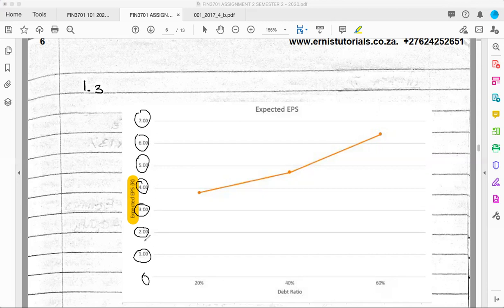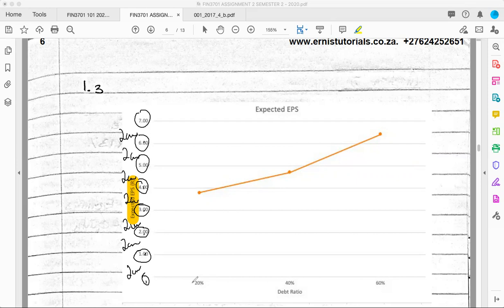You can even use a scale of 2 centimeters, whereby 2 centimeters is from 0 to 1, and then another 2 centimeters is from 1 to 2, another 2 centimeters from 2 to 3, another 2 centimeters from 3 to 4, 2 centimeters from 4 to 5, 2 centimeters from 5 to 6, and 2 centimeters from 6 to 7, right?